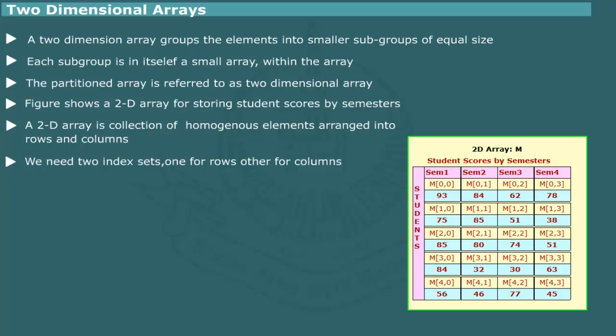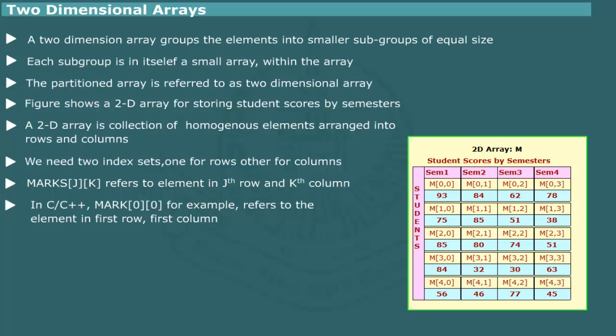For example, if marks is a two-dimensional array, marks[j][k] refers to the element in jth row and kth column. In C, C++, the rows and columns are counted from 0. Thus, marks[0][0] would refer to the element in the first row and the first column.